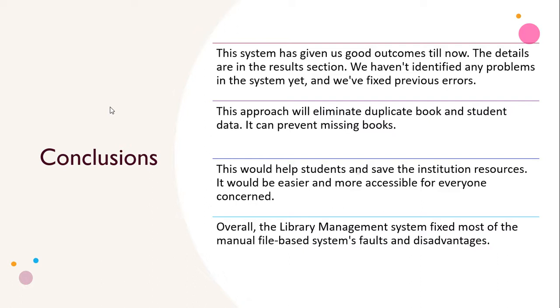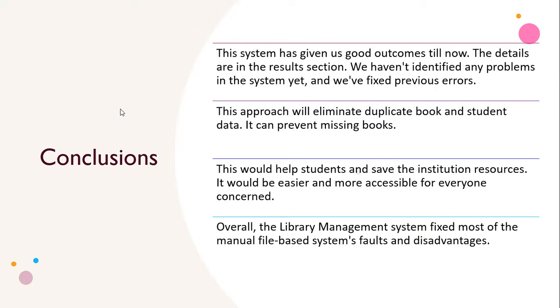So we come to conclude what we have discussed, me and my friends. The system has given us good outcomes until now. The details are in the results section as well. We haven't identified any problems in the system yet, and we have fixed the previous errors during the development of the system.